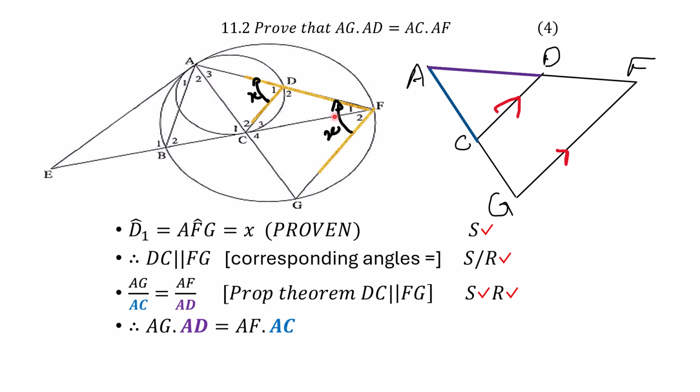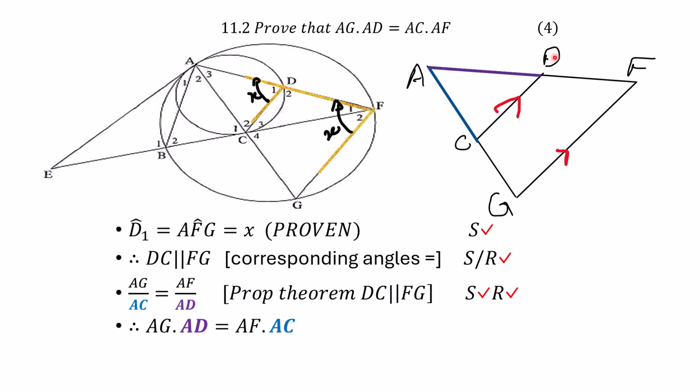So they are corresponding. So therefore I can say CD is parallel to GF, right? Corresponding angles. Yeah? Right, so the corresponding angles are equal. Or we could have said converse of corresponding angles, right? So DC is parallel to FG.